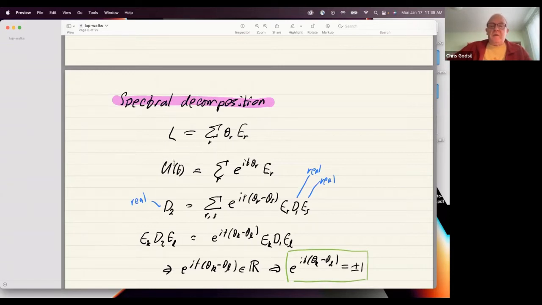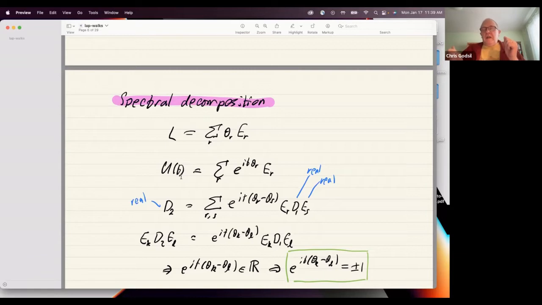Now, because this is the spectral decomposition, U(t) is a function of L, and so we can evaluate it by applying that function to the eigenvalues, and so we get that the transition matrix U(t) is just the sum of e to the it theta r times E sub r. So if you can compute the idempotents and you've got the eigenvalues, then you can compute U(t).